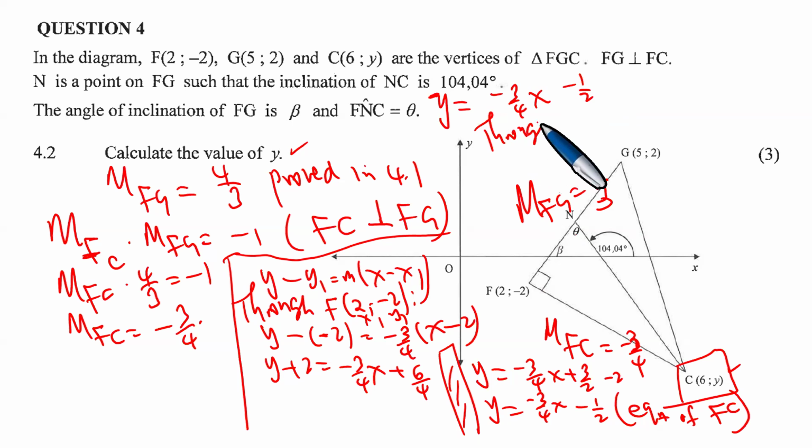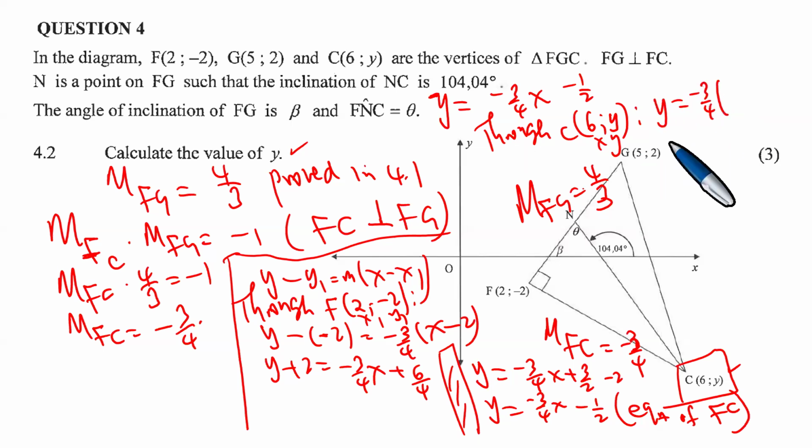Anyway, this goes right through C with the coordinates 6 and y, giving us x and y. So y equals -3/4 times x, which is 6, minus 1/2.